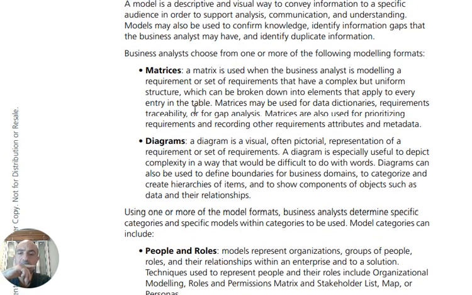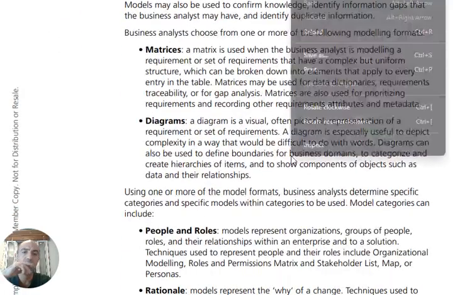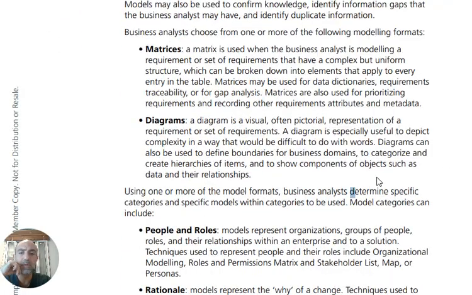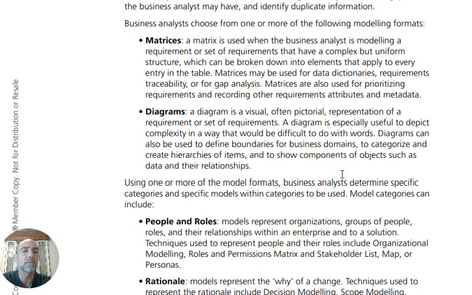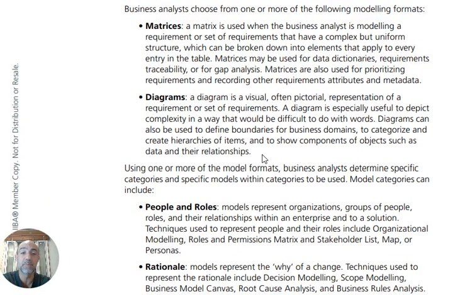Anyways, back to this. Diagrams. A diagram is a visual, and often pictorial, representation of a requirement or a set of requirements. A diagram is especially useful to depict complexity in a way that would be difficult to do with words.